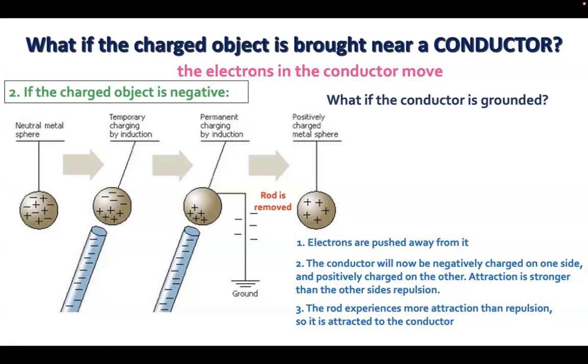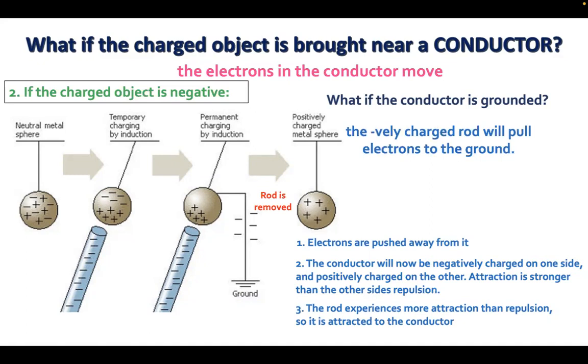Who is that? By what? I didn't hear you, Malek. By induction or by rubbing? By induction. Induction is when you bring a charged object close to a metal, a conductor, so it either attracts from the ground or pushes to the ground. And what gets attracted or repelled? Only electrons. Okay?